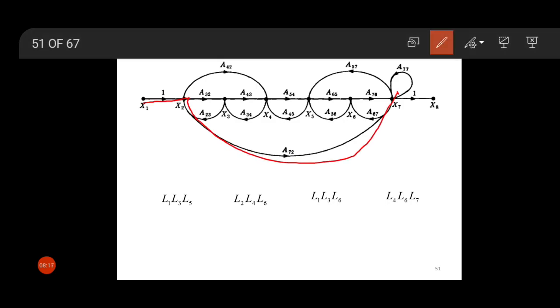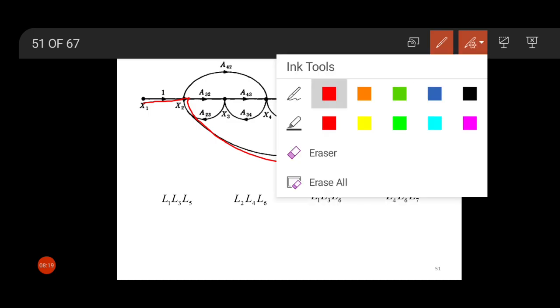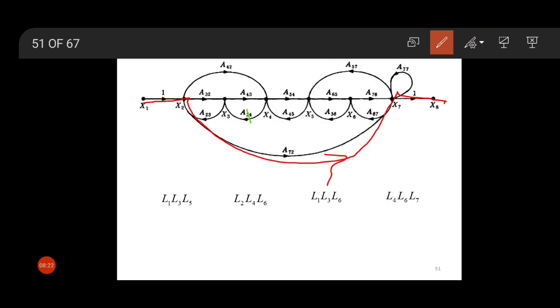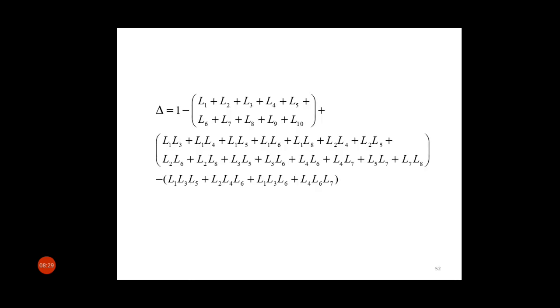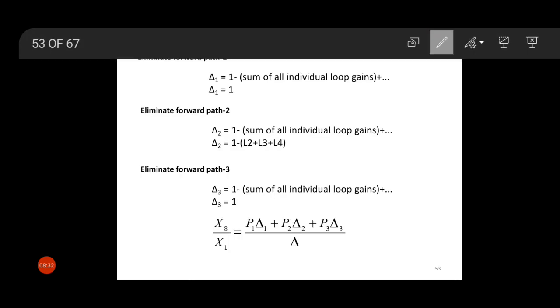This forward path is not touching these loops. Here I have mentioned these 3 loops, which are not touched by the second forward path. And for del 3, the third forward path is also touching all the loops, so del 3 equals 1.